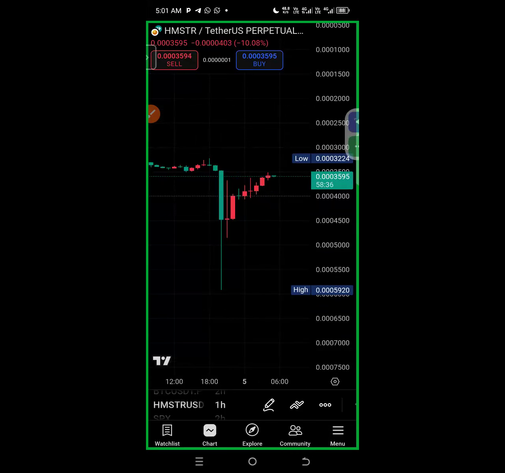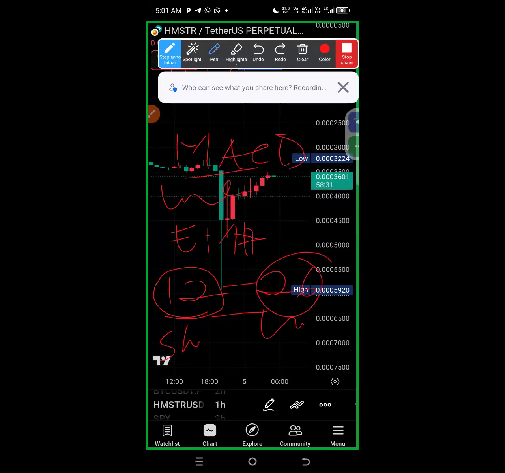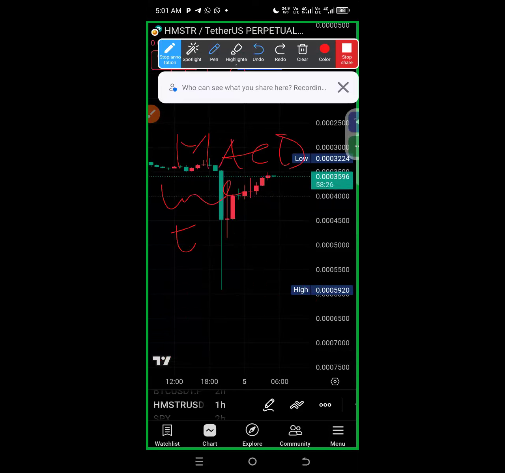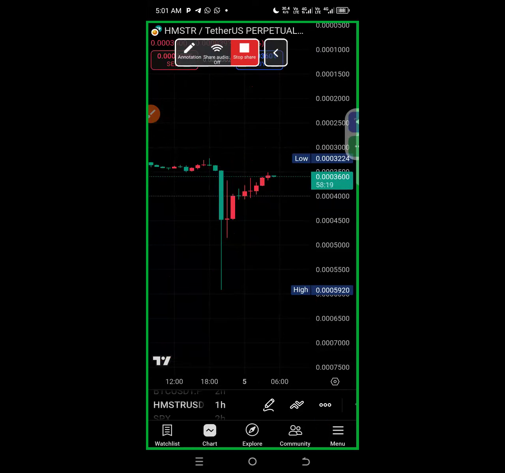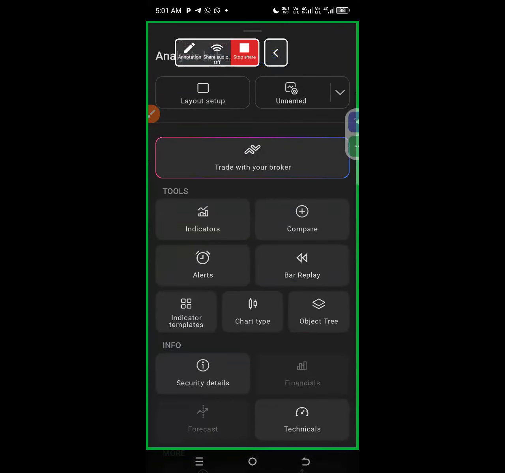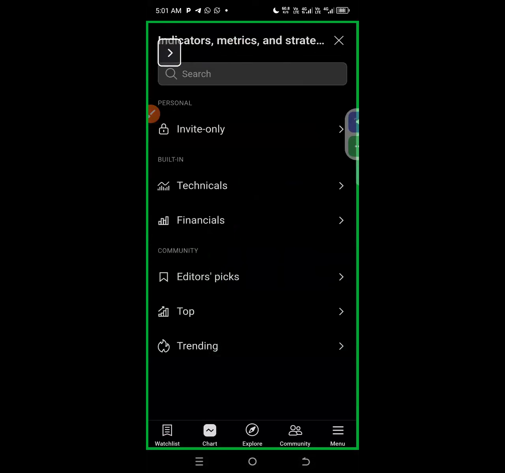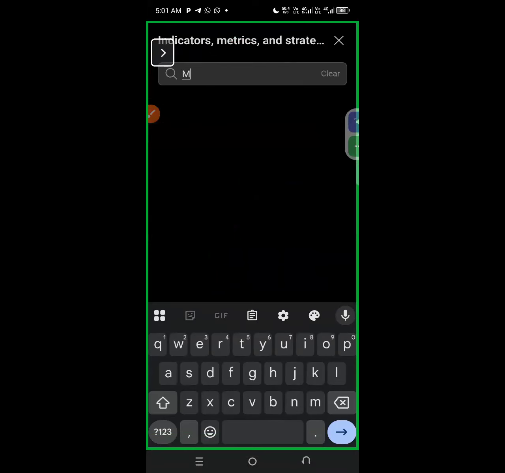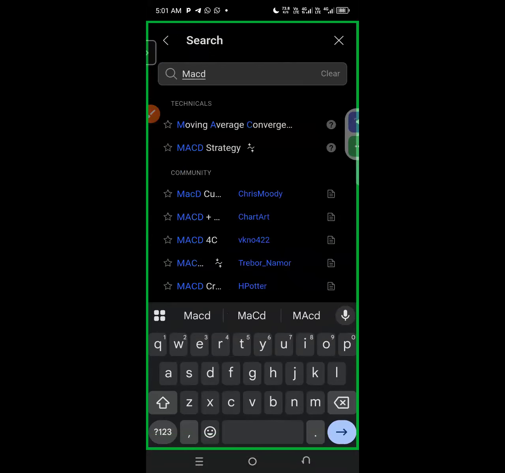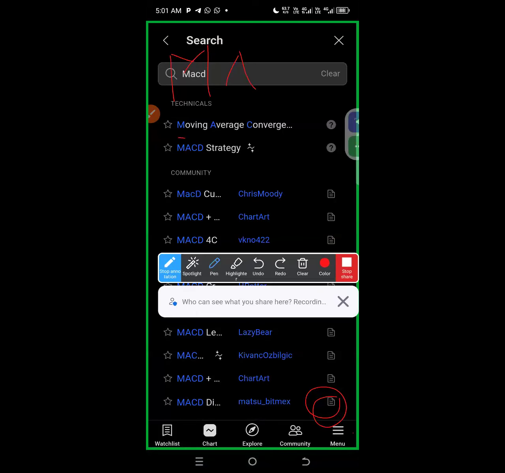Now, what you're going to do next is search for MACD. So click here as we did yesterday. Let's search for the MACD indicator. So after searching for indicator, quickly search for MACD, just MACD. Very good. You can see over here we have the Moving Average Convergence Divergence.